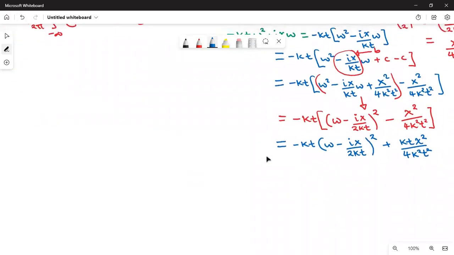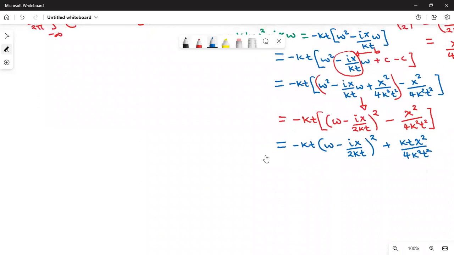We can now simplify so that this is equal to negative.